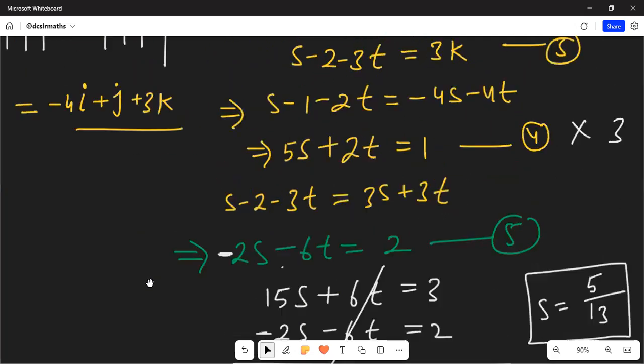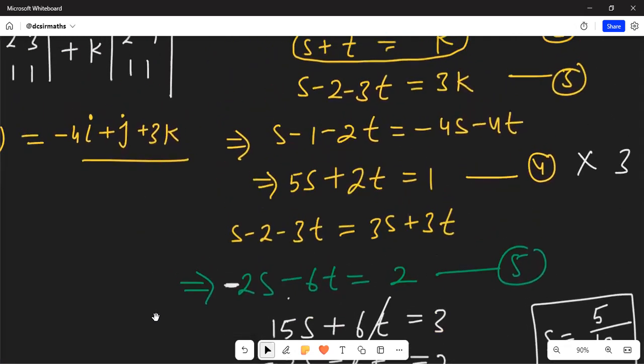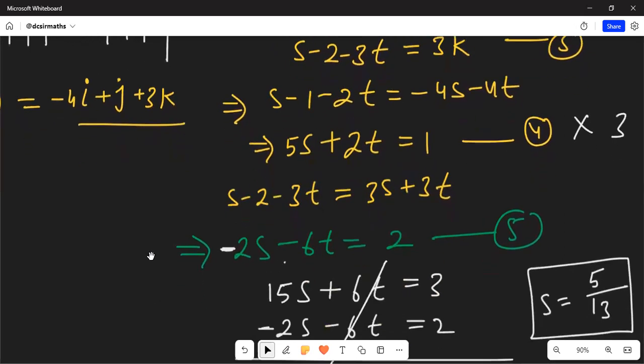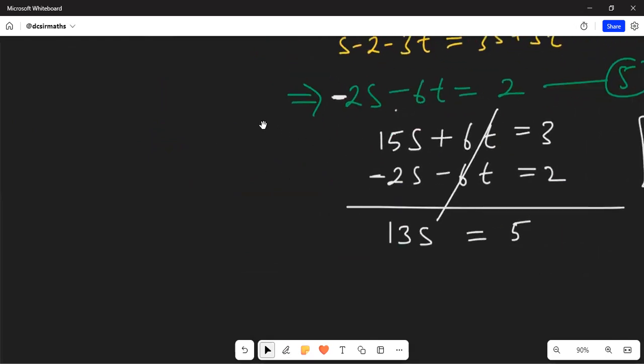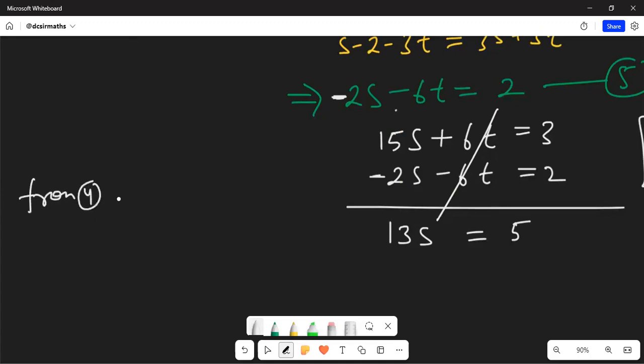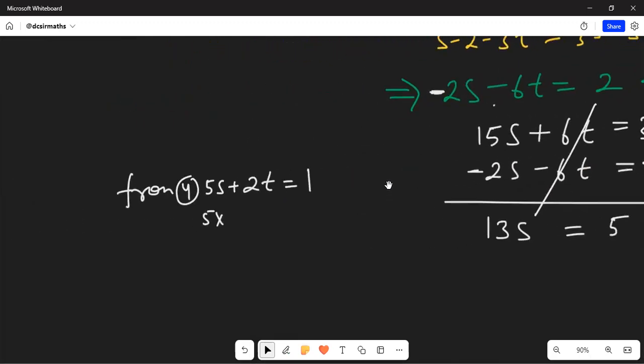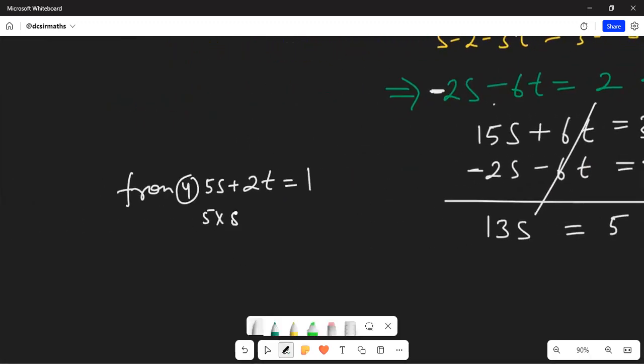Now s is equal to 5 over 13. You can take it up in equation number 4, which says 5s plus 2t equal to 1. So 5 times s, s was 5 by 13, so 5 times 5 by 13 plus 2t is equal to 1.